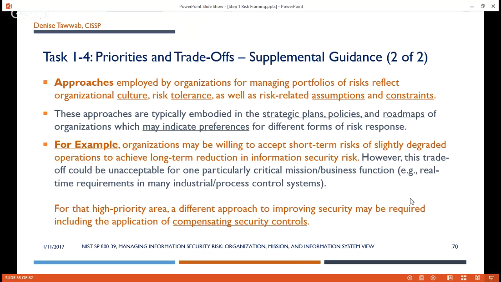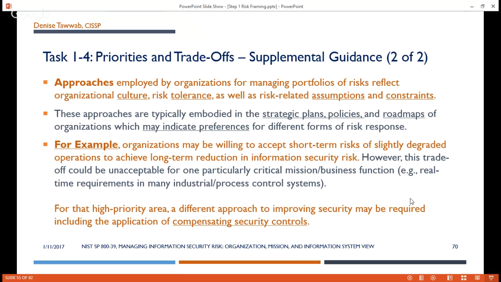For example, organizations may be willing to accept short term risk of slightly degraded operations to achieve long term reductions in information security risk.